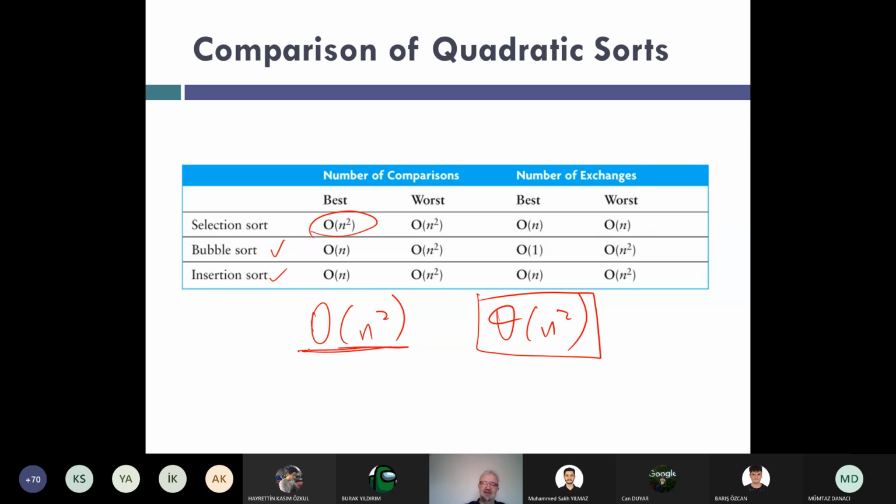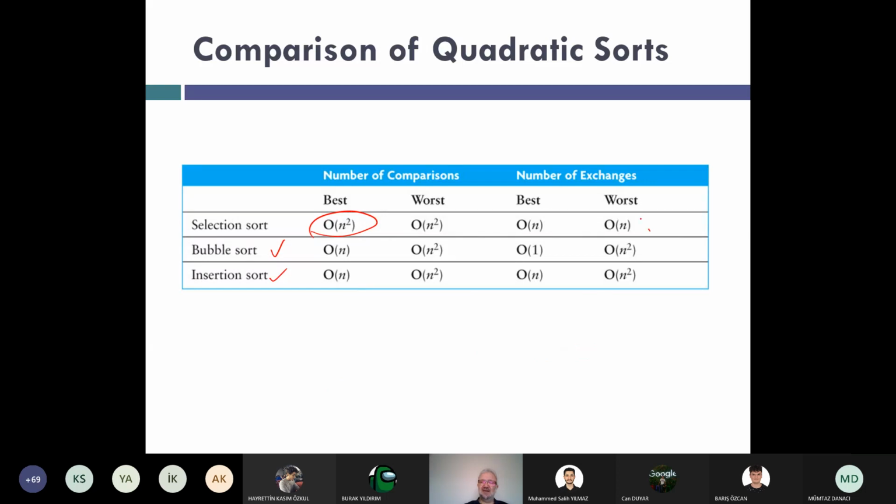But if you say O n squared, it can be n plus 5 as well, right? Correct. That's why it's better to use theta notation instead of big O notation in here.